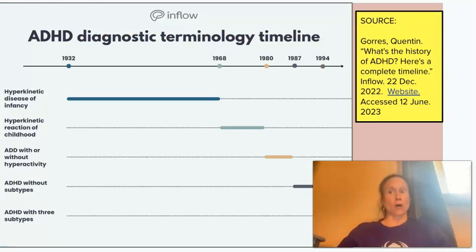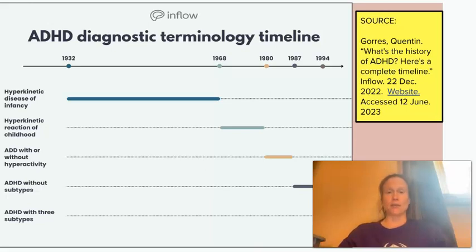ADHD has been around for a while. The diagnosis was first called hyperkinetic disease of infancy back in 1932. It's changed some names. If you grew up in the 80s, it was called ADD. Later on, it was called ADHD.